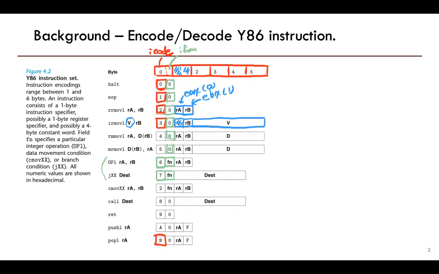But we should mention that the machine code should indicate that you shouldn't read the RA register, or you don't have to read the RA register. Otherwise, maybe we make some mistake or some issue in the implementation. To notice that, we write F, which is not a register ID.